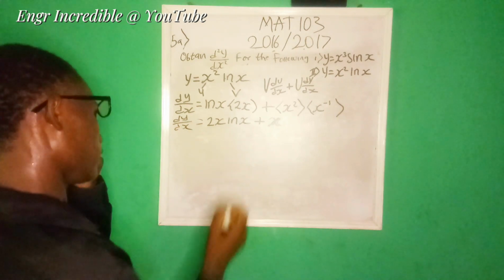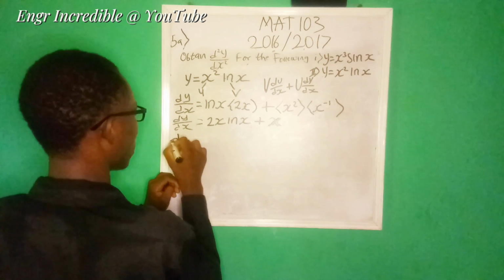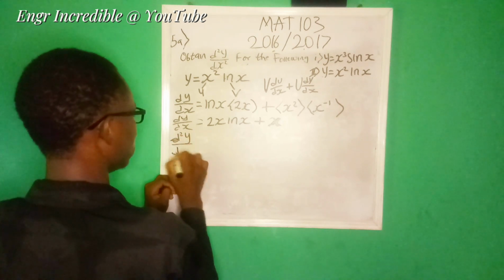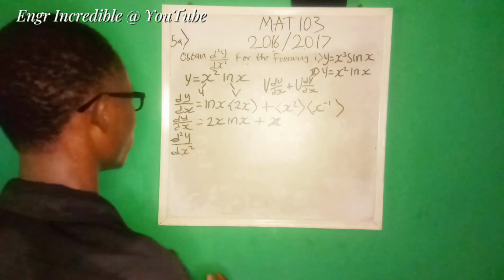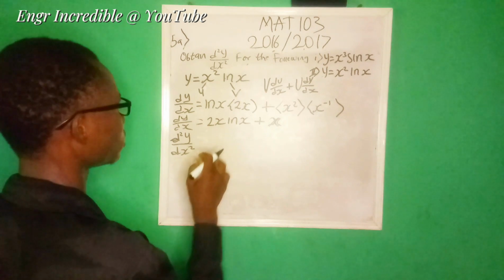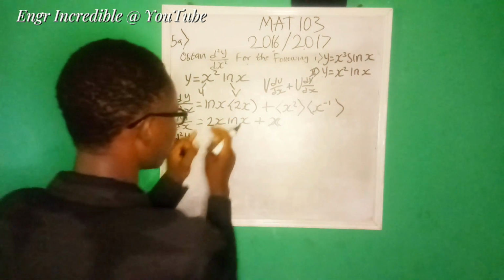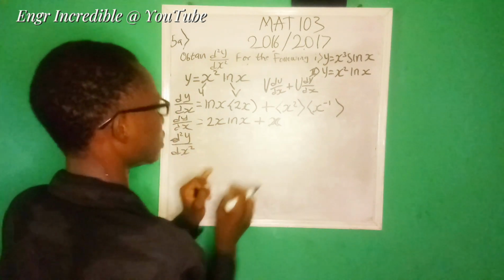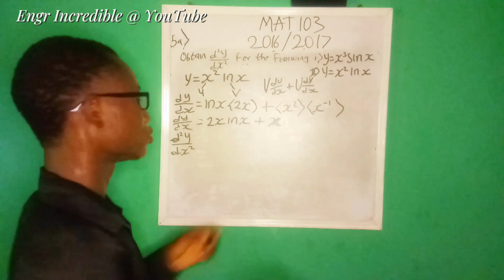So our dy dx is equal to this. Then we differentiate it again to give us d squared y over dx squared. This means we are going to differentiate this one again. When we differentiate this, notice that this place here has two components again. We have 2x and we have ln x. And in this place, we have only one component, which is going to be easy for us to solve.